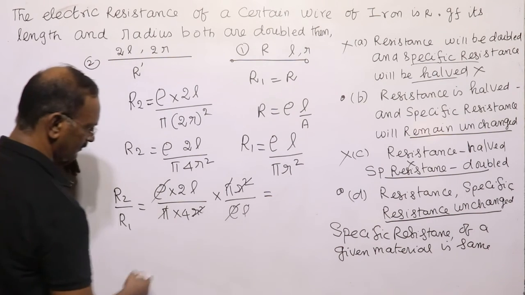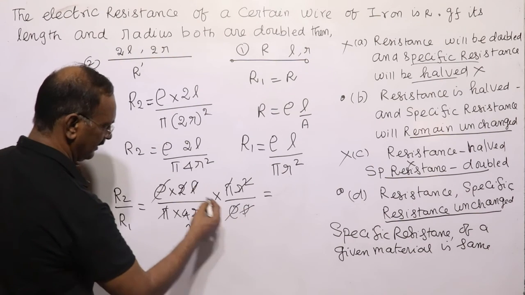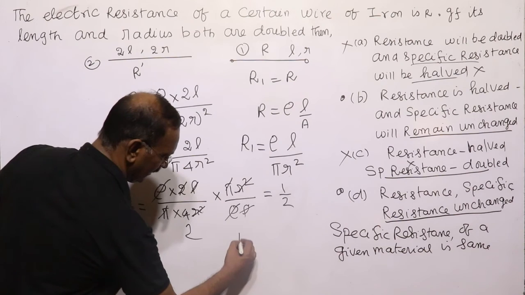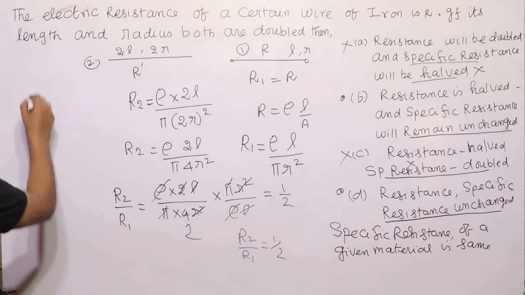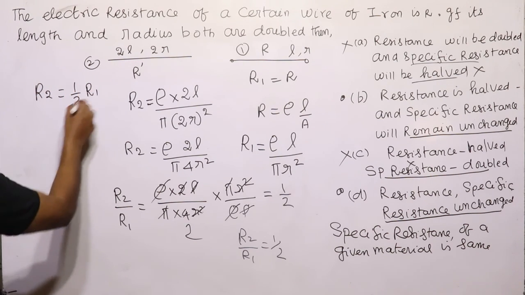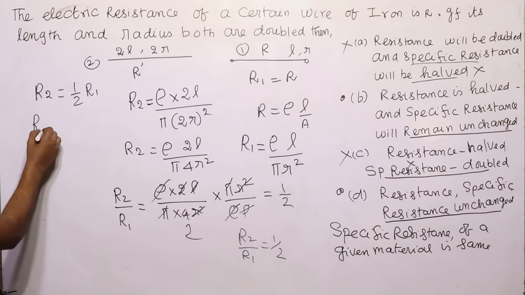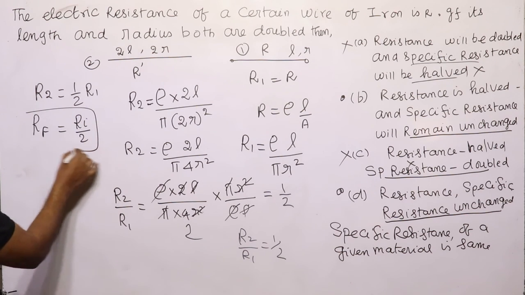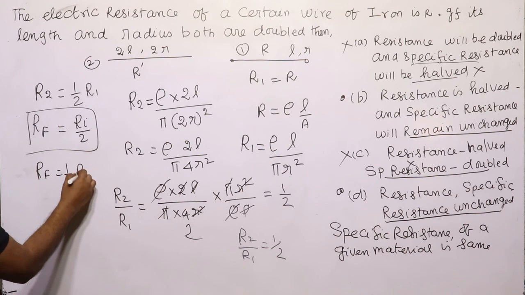Then this becomes 2, and 4, so it is equal to half. That is R2 by R1 is equal to half. It means R2 is equal to half of R1. That is, after doubling the length and doubling the radius, R final is equal to R initial by 2. It means R final is equal to half of R initial.